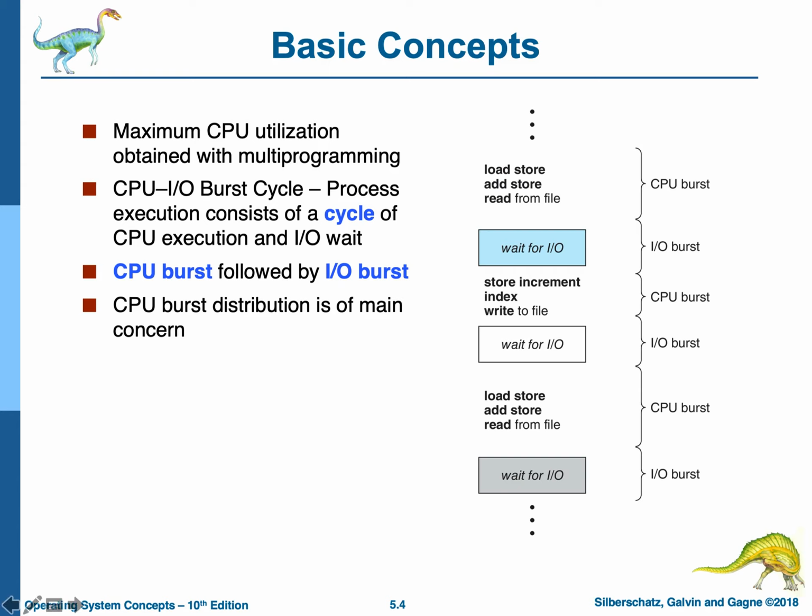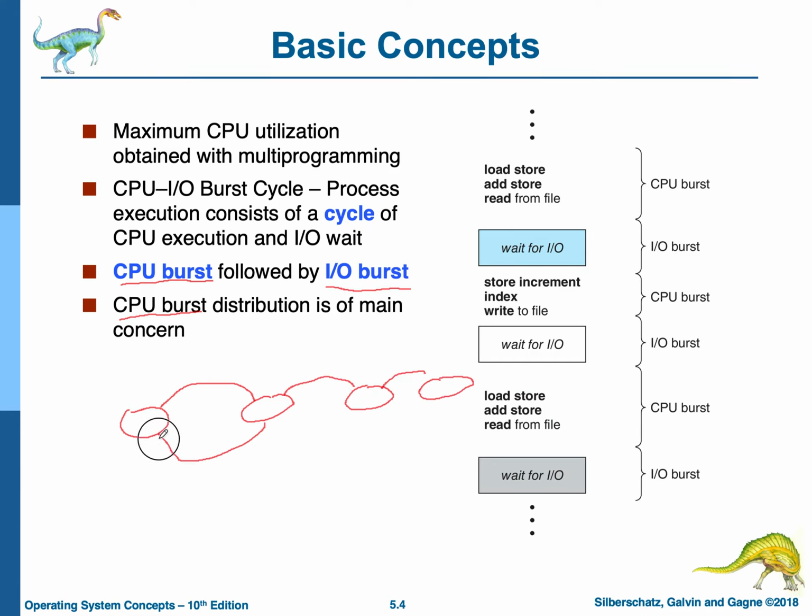The first component is CPU burst, and another component is IO burst, and these are followed by each other. For instance, the CPU burst will come, then the IO burst will come, then again the CPU burst will come, then again IO burst will come, right? So this is working in a cycle.